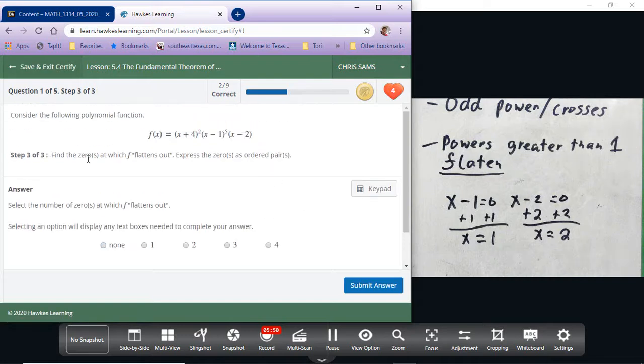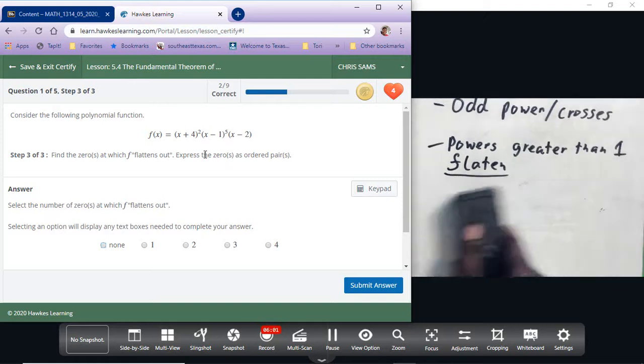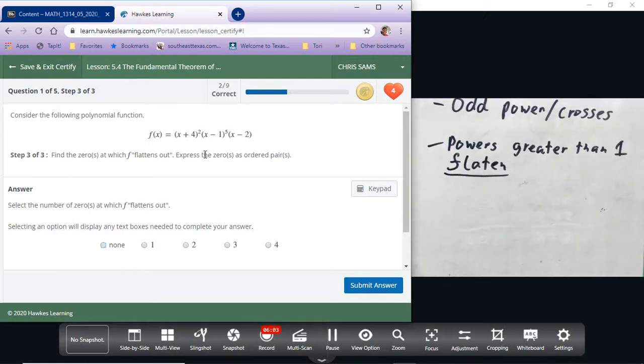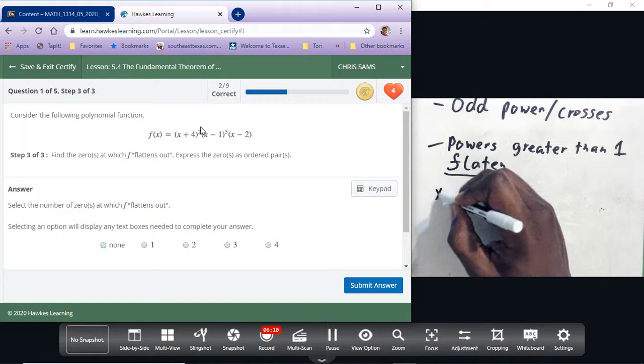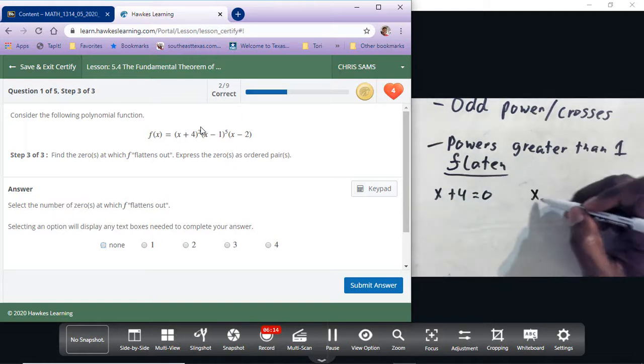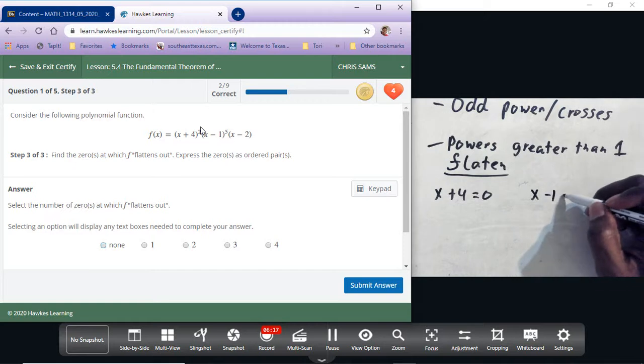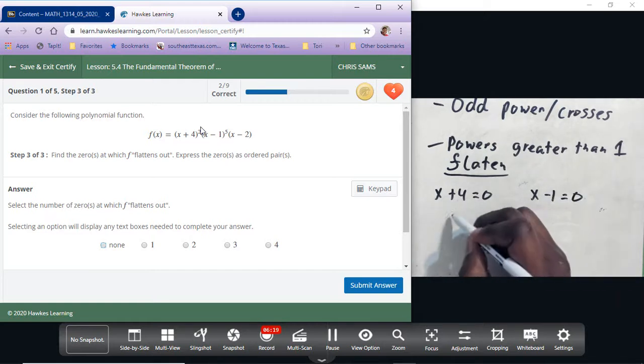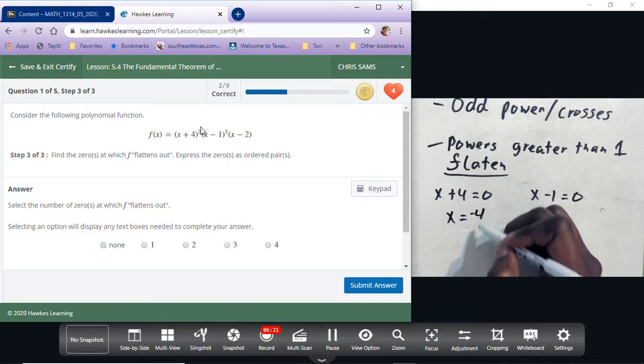And now step 3 wants to know which zeros flatten out. Okay, so again, if it's greater than 1, it's going to flatten out. So the 2 that have powers greater than 1 are the x plus 4 and the x minus 1. So again, we will solve those, set them equal to 0 to find the actual x value. So subtracting 4, we get x equals negative 4.